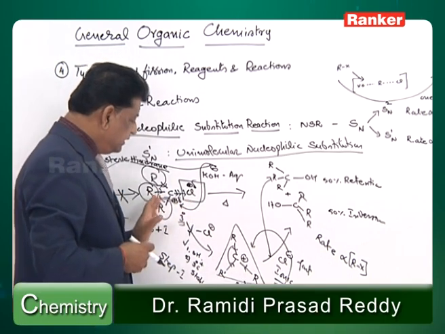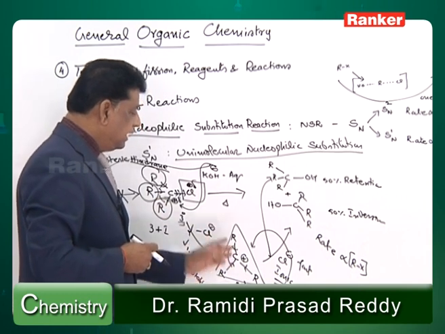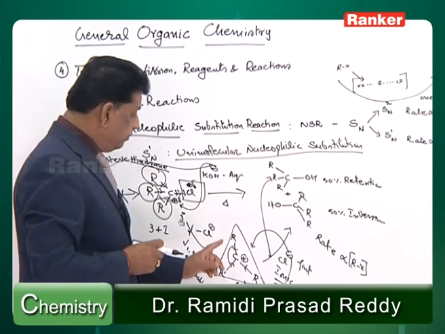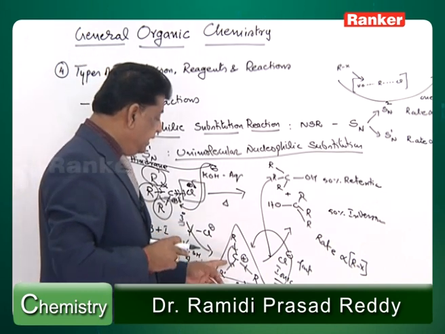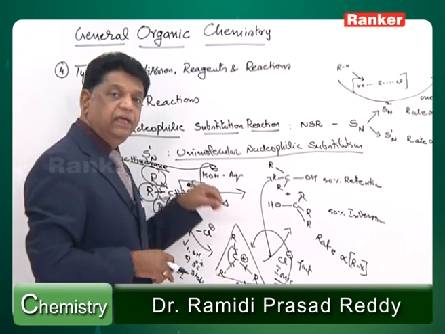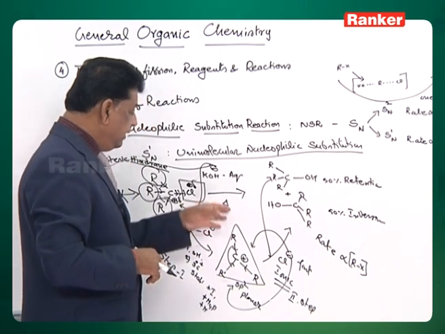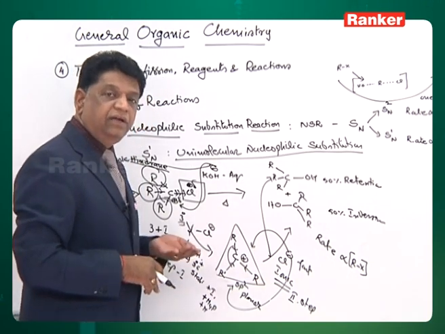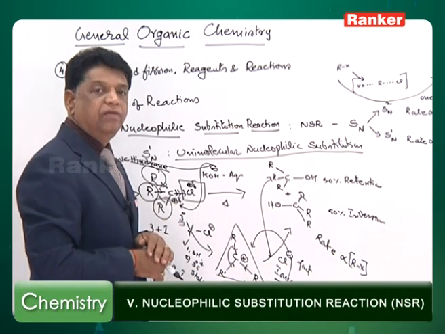Here after step 1, what you get is an intermediate species, which is a carbocation. Whenever a carbocation is formed, there are consequences: rearrangements may take place, and stability influencing features may be dependent on that. The carbocation is an ion, so if the solvent is ionic or polar, this type of mechanism will be more favorable.